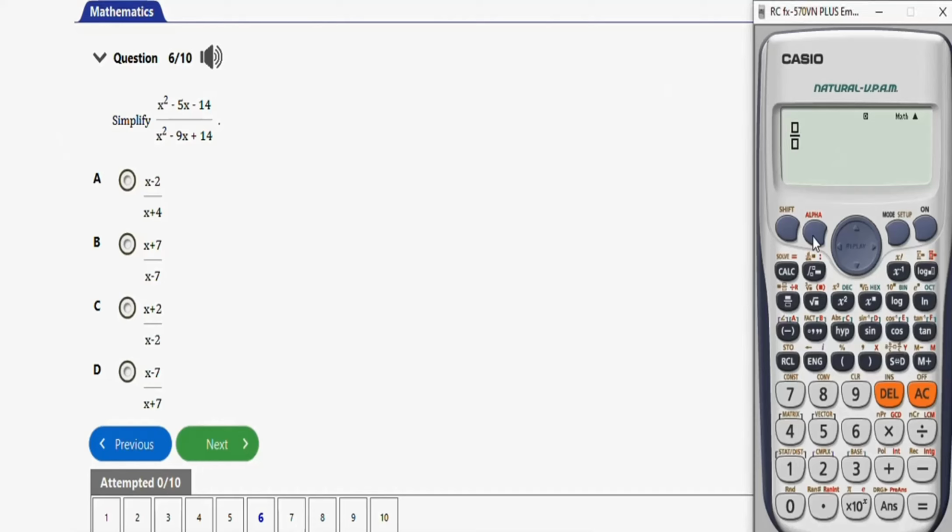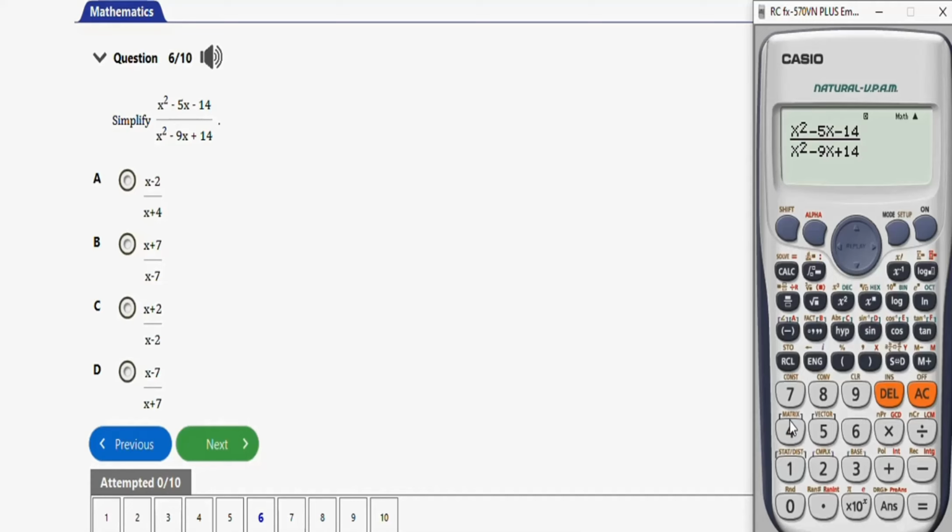So we have alpha x square, minus 5x, minus 14, over x square minus 9x plus 14.